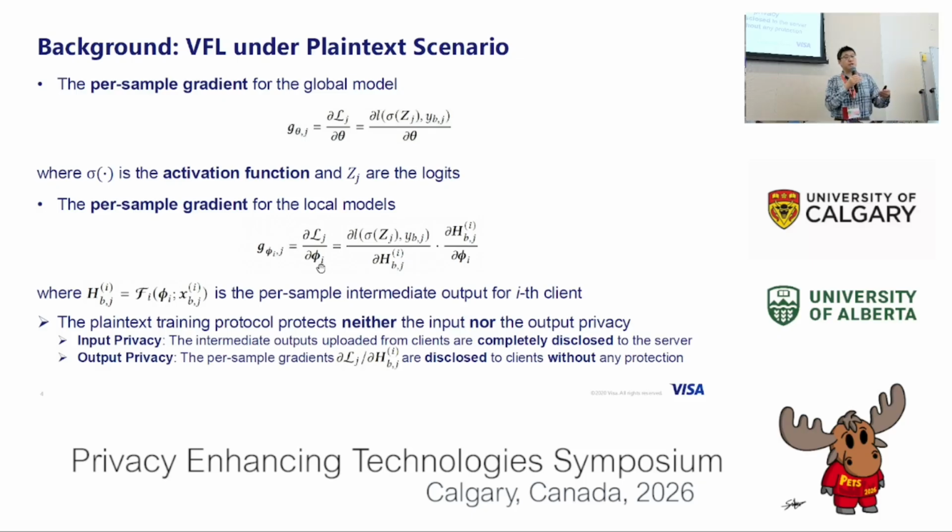And when we compute G phi i, the server first computes dL over dh and sends it back to each client, per sample. So for this information sent back to each client, if you use some attack method, you can extract information about the labels and the features from other clients from dL over dh, which the client should not know.